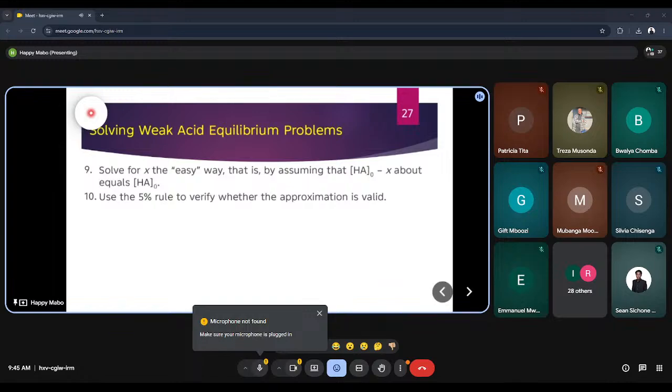But should it be above 5%, then you are going to admit and say the assumption that you made was a wrong one. Then you progress and answer the rest of the question or any other question that you might be required to answer. Then the last step, of course, is where you find the concentration of hydrogen ions and you find the pH as the last thing that you are going to have to do.